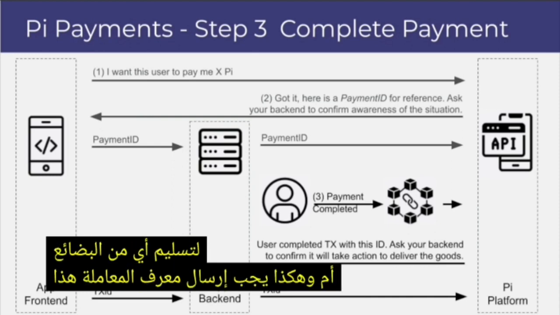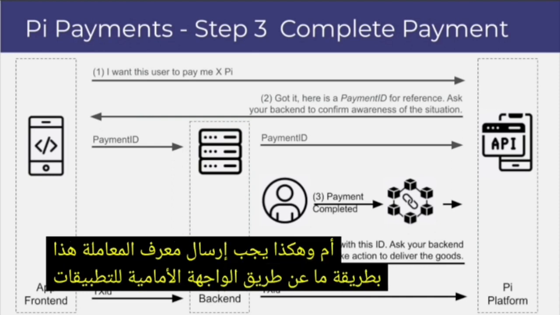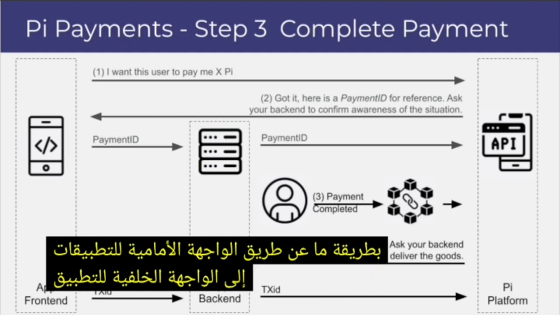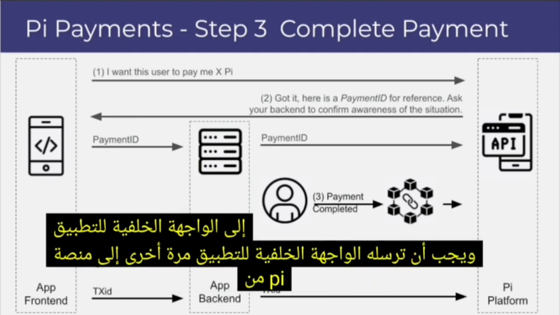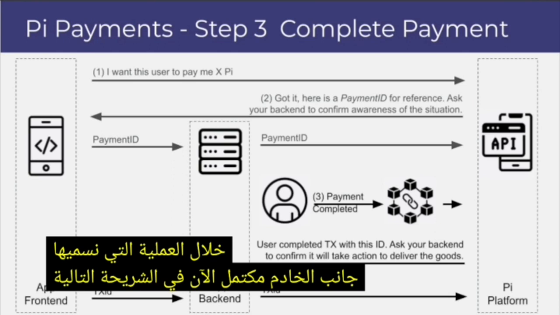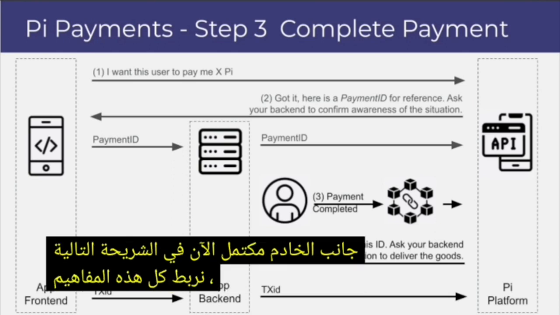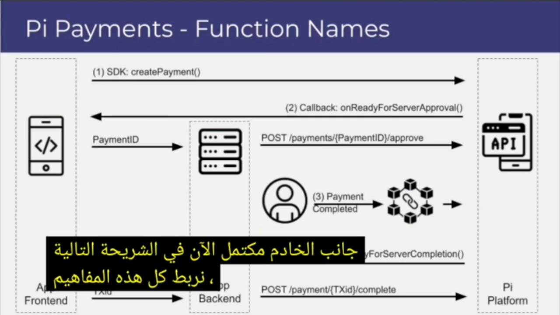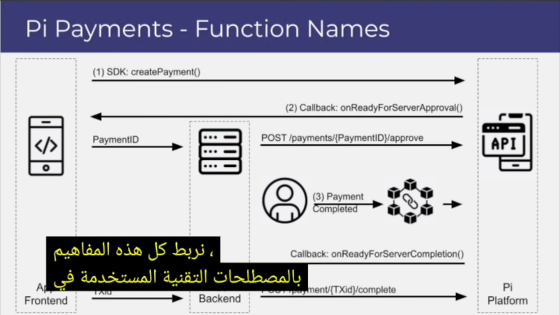And so this transaction ID has to be sent somehow by the app's front end back to the app backend, and the app backend has to send it again to the Pi platform through the process that we call server-side completion.